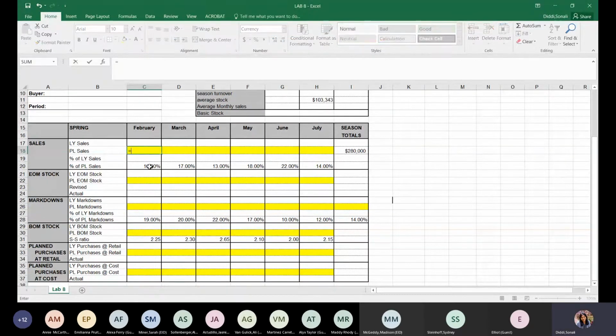So for your planned monthly sales, you're going to take the percentage times your total sales. Make sure you're calculating them.